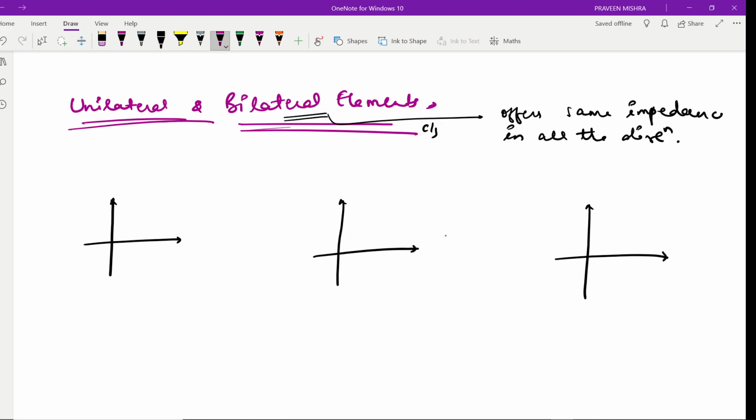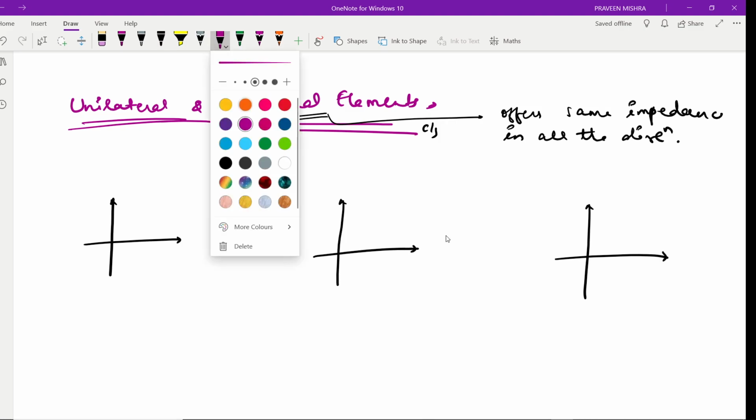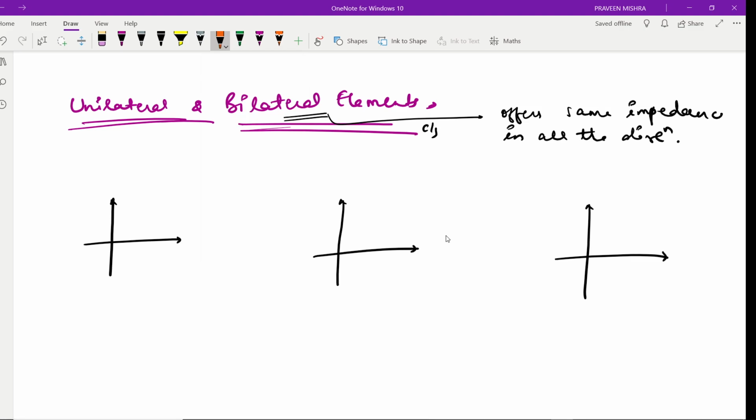If you want to consider which type of element it is, and this is the characteristic of an element, what will be the type of element?